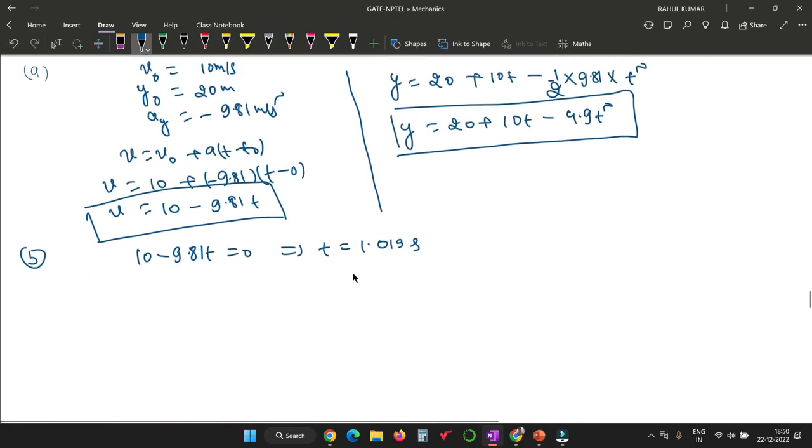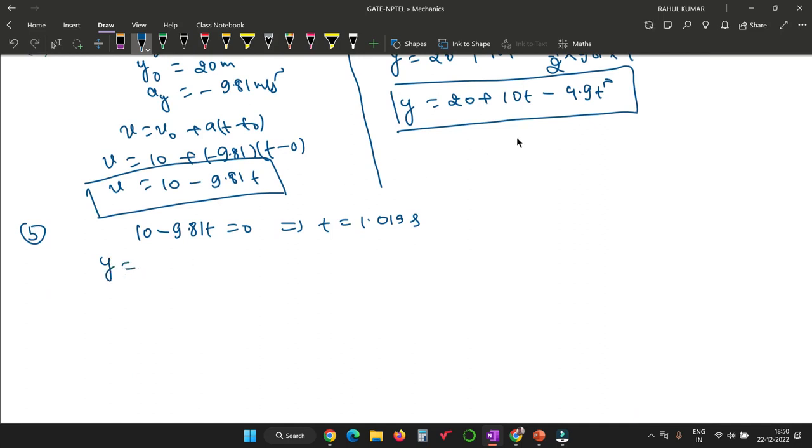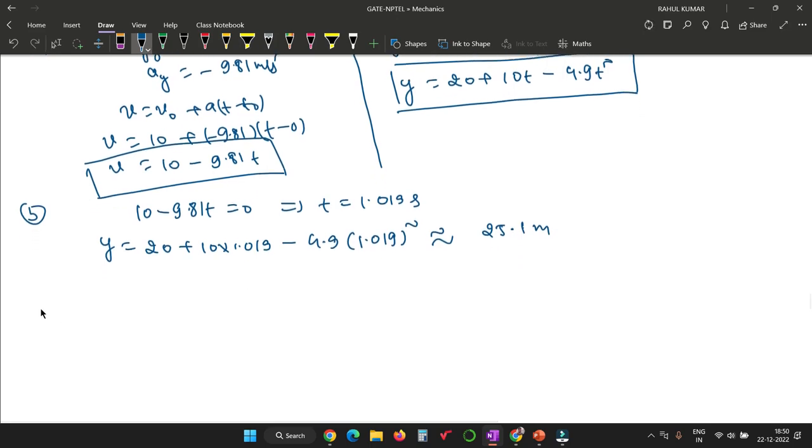So the highest elevation is, putting 1.019 in place of t, 25.1 meters.